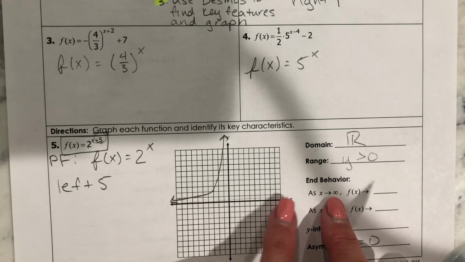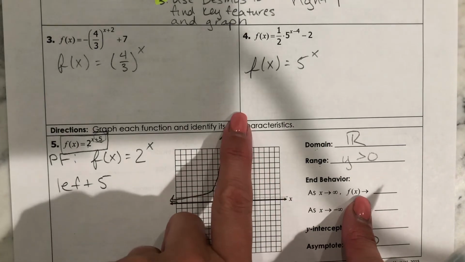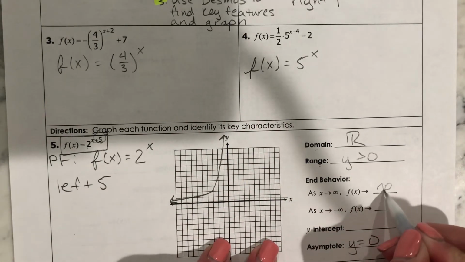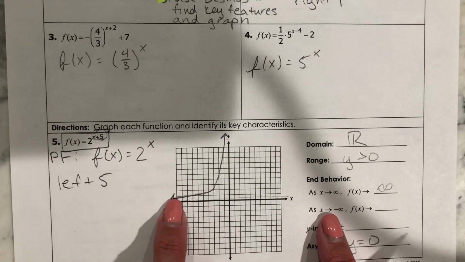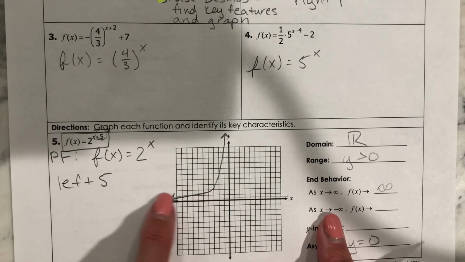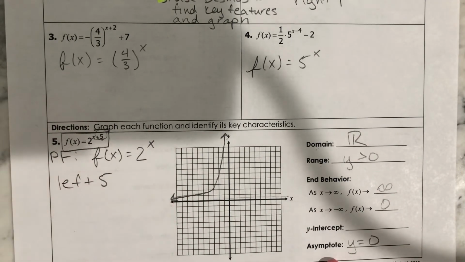Then I can fill in my end behavior. As x approaches positive infinity, on the right side, y is going up to infinity. And over on the left side, as x approaches negative infinity, y is getting closer and closer to that asymptote of 0.